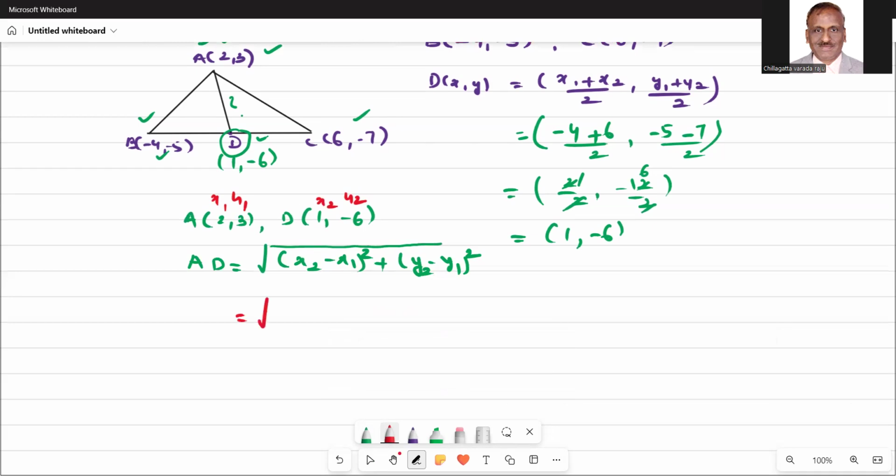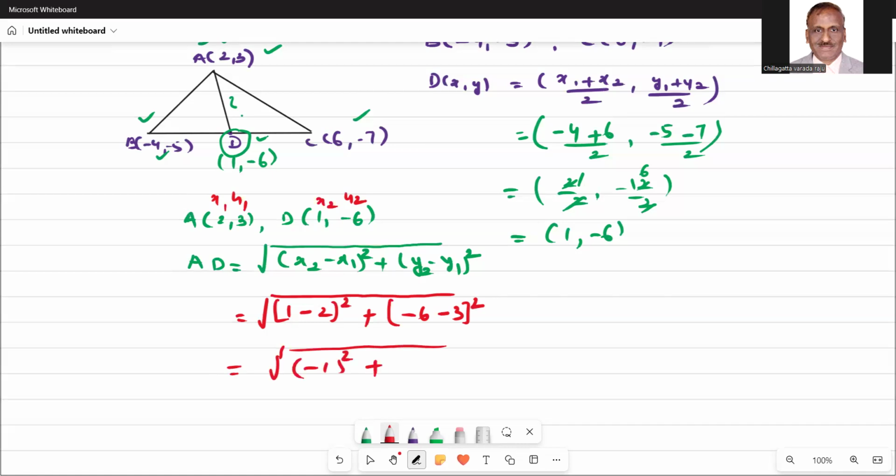So that gives you root of (x2 minus x1). What is x2 there? 1, minus x1 which is 2: (1 minus 2) whole square, plus what is your y2? -6 minus y1, which is 3. That gives you square root of (1 minus 2, which is -1) whole square plus (-6 minus 3, which is -9) whole square.